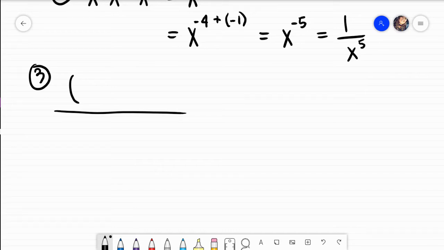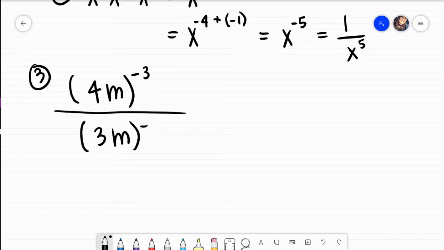Okay, so we get a fraction bar, and in our parentheses, we have 4m close raised to the negative 3 power, denominator 3m close raised to the negative 4 power. I almost want you to cover up the screen from the fraction bar down. If you look at that 4m all raised to the negative 3, it's in the numerator, right?